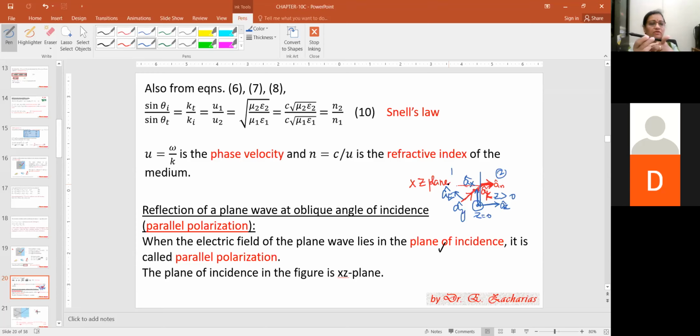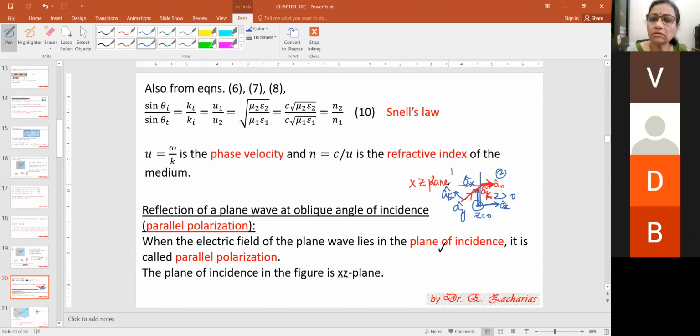Any doubts on this? Ramya? No, ma'am. If it is falling on that plane, it's not falling on the plane, it's just on the z less than 0 plane only it is lying, no? What is your plane? The plane z equals 0 is this plane.